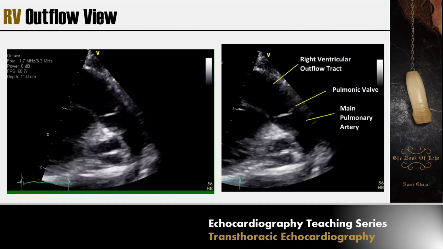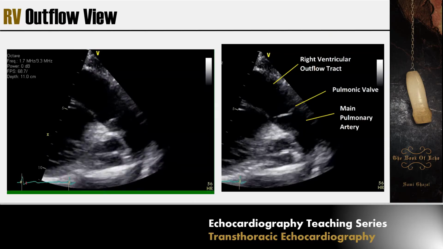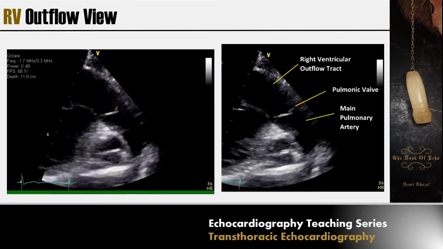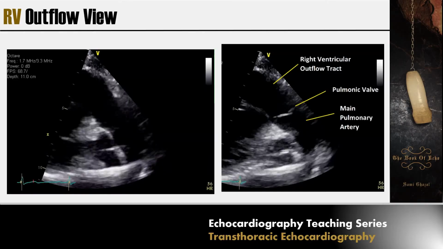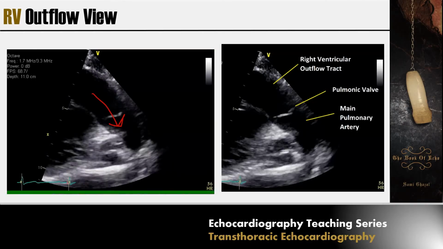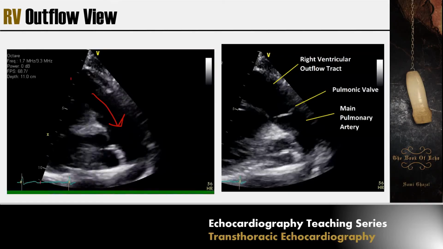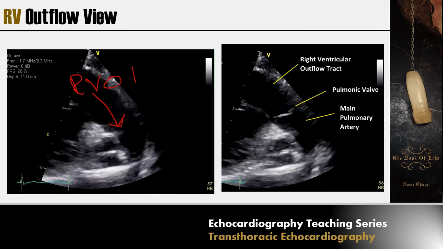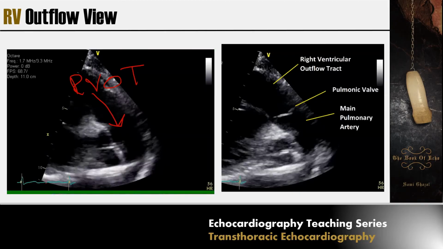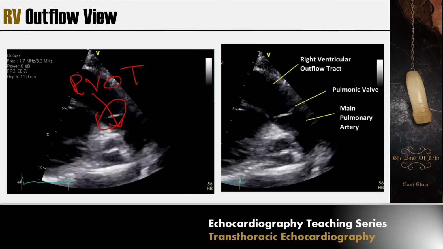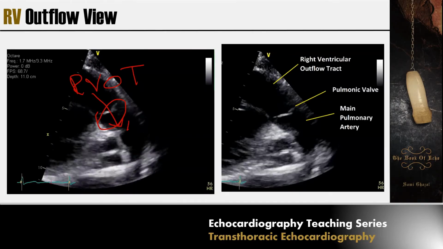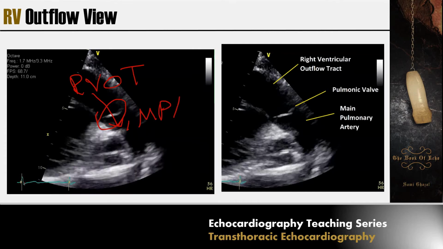This is the RV outflow view, and it is called outflow view because the blood is coming out of RV toward the pulmonary artery. So this is the RVOT or RV outflow tract, and this is the pulmonic valve, and this is the main pulmonary artery.